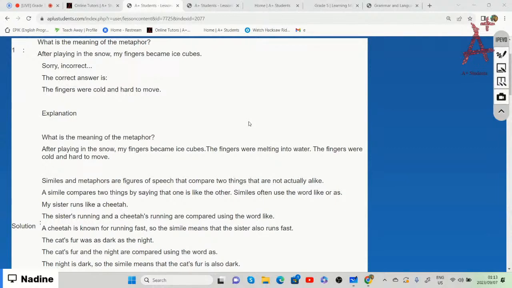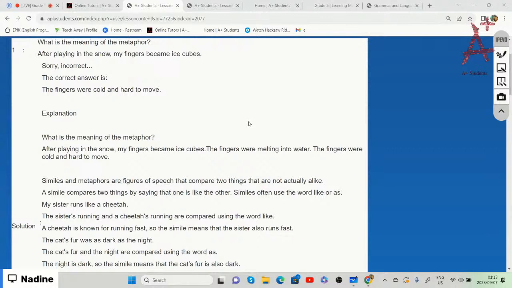Meaning, if we compare it to ice cubes, ice cubes are hard and ice cold, and you cannot move ice cubes. After playing in the snow, my fingers became ice cubes.